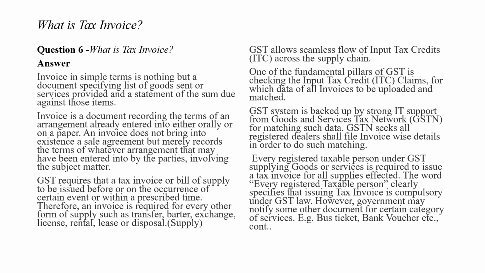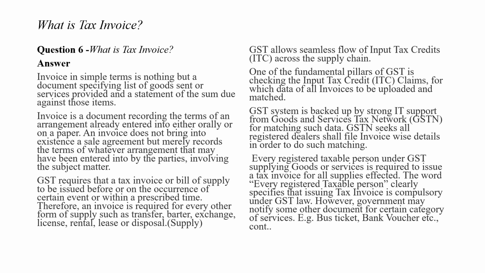One of the fundamental pillars of GST is checking the input tax credit claims, for which data of all invoices has to be uploaded and matched. The GST system is backed by strong IT support from the Goods and Services Tax Network, GSTN, for matching such data.